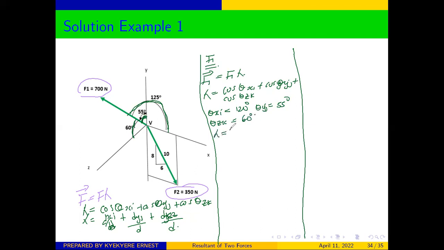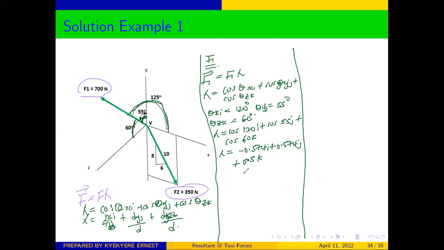So our lambda will be equal to cos 120 i plus cos 55 j plus cos 60 k, and from there our lambda will be equal to negative 0.5i plus 0.574j plus 0.5k. So you have been able to determine our lambda.